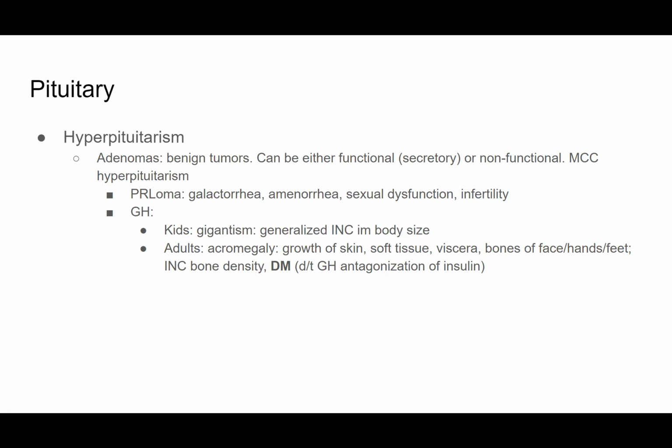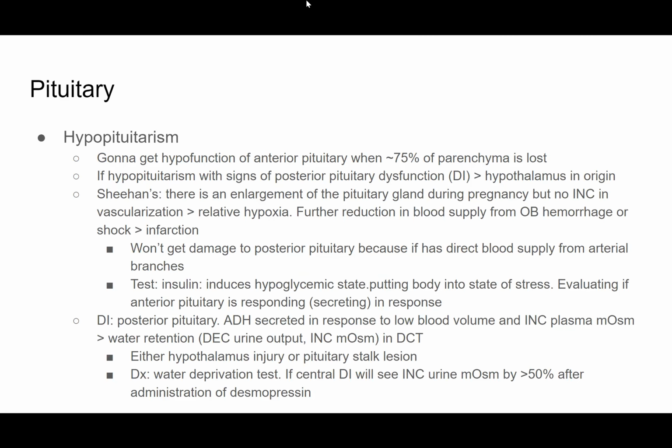That's because of antagonization; a big thing with growth hormone is insulin insensitivity, so you do have risk of diabetes mellitus. Make a note of that because it seems ancillary to what we all think about with growth hormone. So just highlight that. And then hypopituitarism.